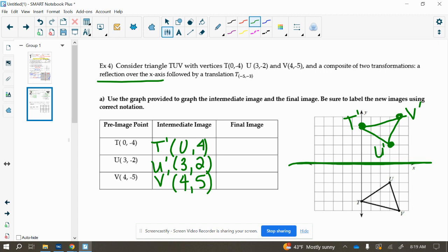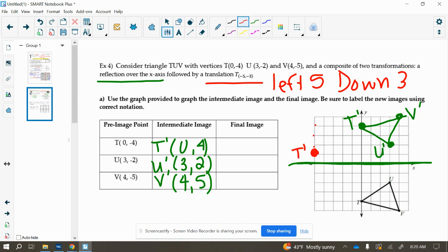Now our final image is going to come from a translation, in this case to the left 5 and down 3. So we're going to take each of those points and move left 5, down 1, 2, 3. So here's T double prime. And we're taking the intermediate image points to do this. V goes 1, 2, 3, 4, 5 to the left, down 1, 2, 3.